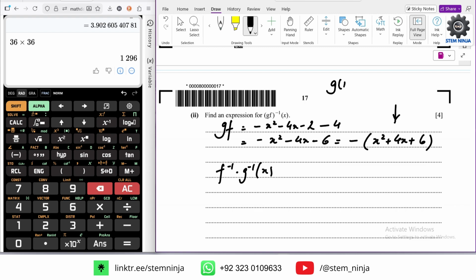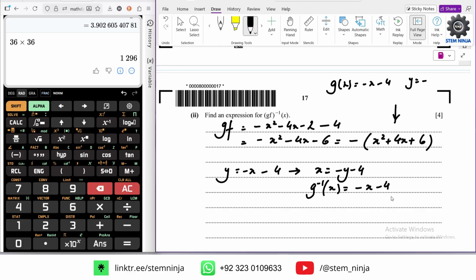If g of x is minus x minus 4, this is your y equals minus x minus 4, so this would become x equals minus y minus 4. Right, so g inverse of x is minus x minus 4 also.